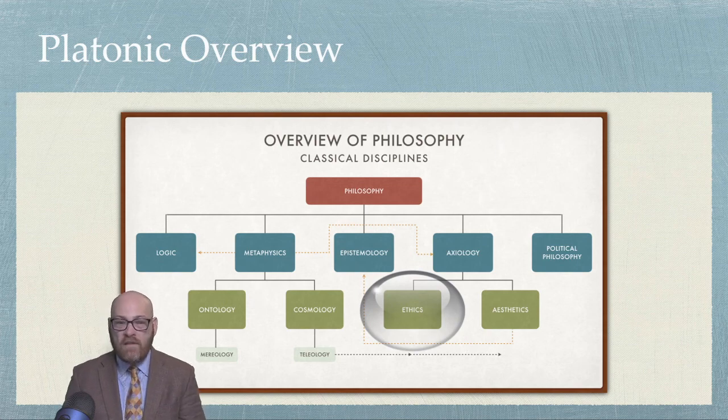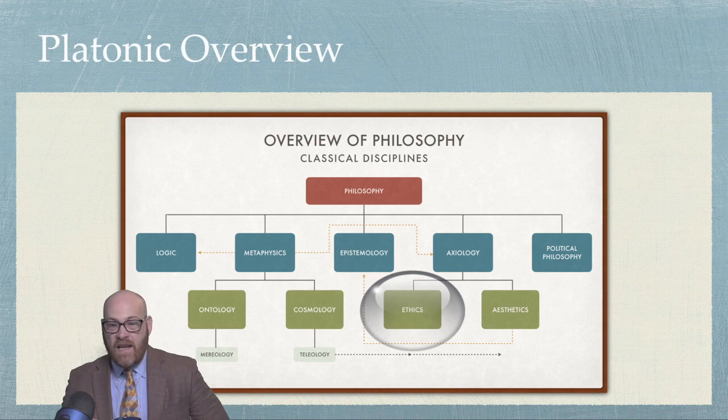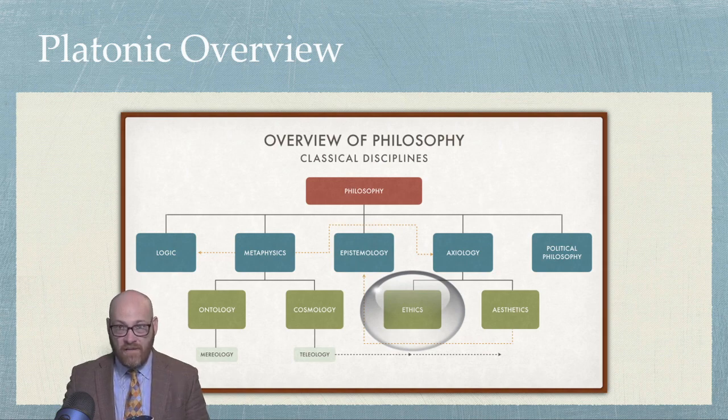People will always lead inferior types of lives if they just settle on opinions about what is right or wrong. The city is best led when its guardians have knowledge about justice and goodness. So Plato would strongly maintain that true ethical knowledge is not a matter of mere subjective opinion, that there is something that is indisputably true about justice and goodness.